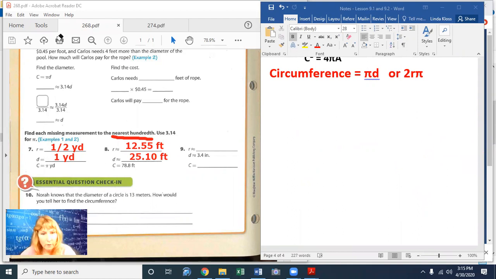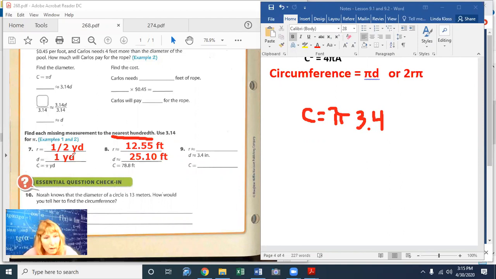This time you're missing C, so C is missing. You know that pi is part of your formula, and you're given the diameter, 3.4. So pi times 3.4 will give you your circumference. So I'll leave that last one up to you to do.